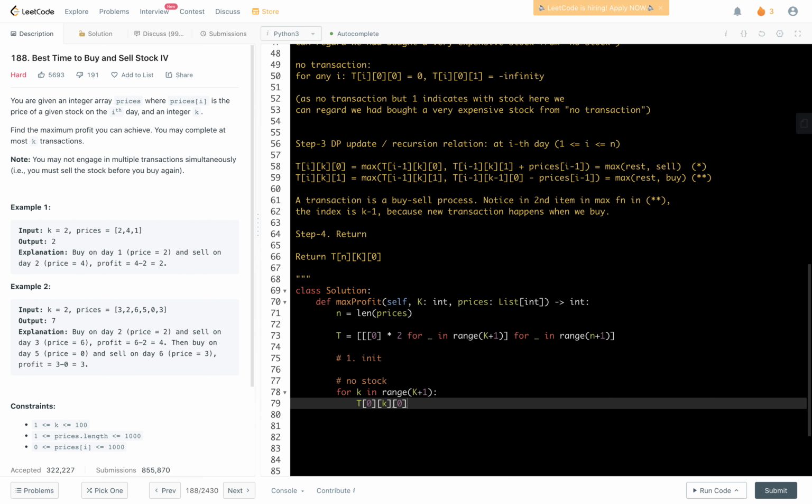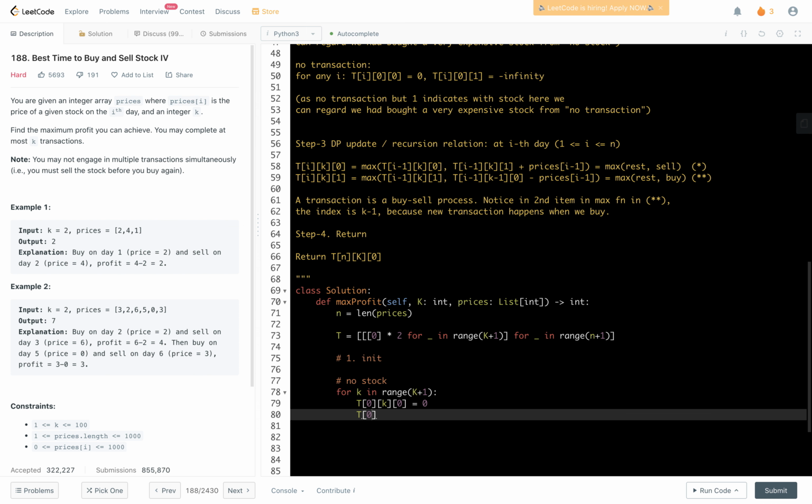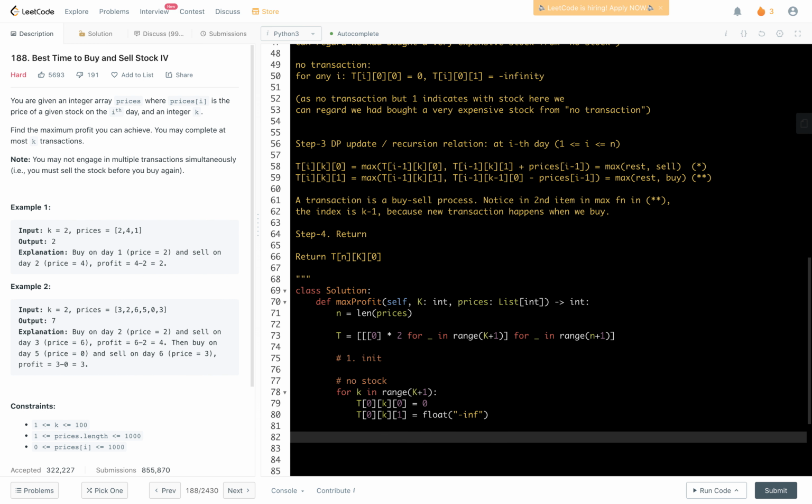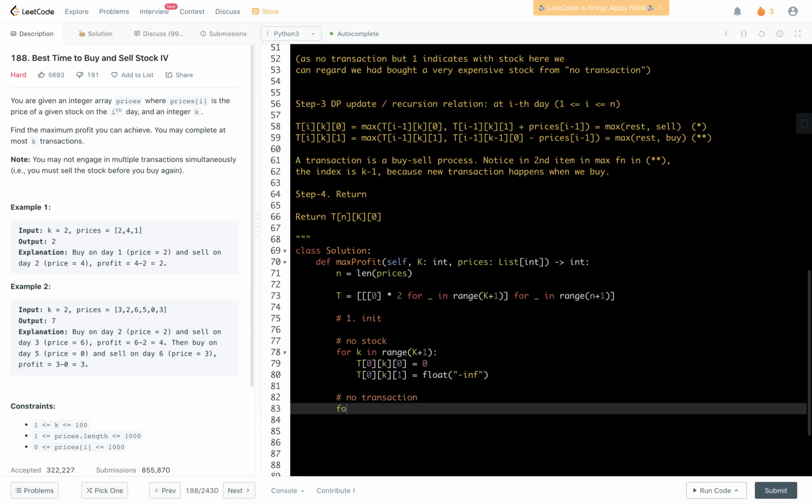For k in range capital K plus 1, we're going to set T[0][k]. If we do not have stock at the end of the day, we set it to be 0. If we have stock, we set it to be float negative infinity. So this is the one case.